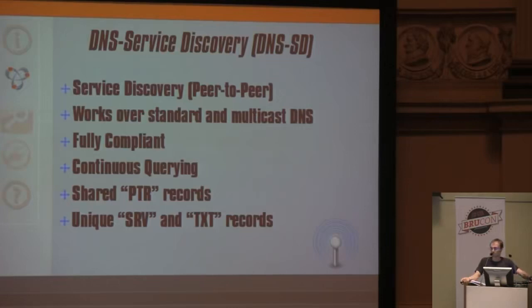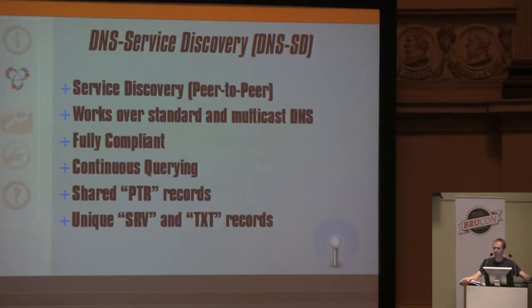Peer-to-peer service discovery. It works over multicast DNS, meaning that it is fully compliant with that continuous querying and responding. The host that is interested in a particular service will multicast out a query for a shared pointer record. Let's say HTTP.